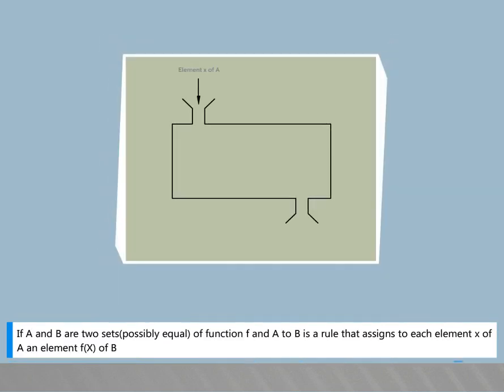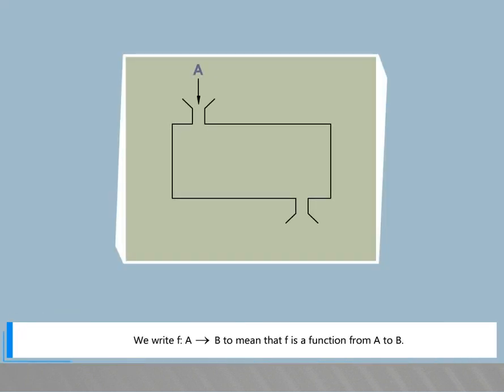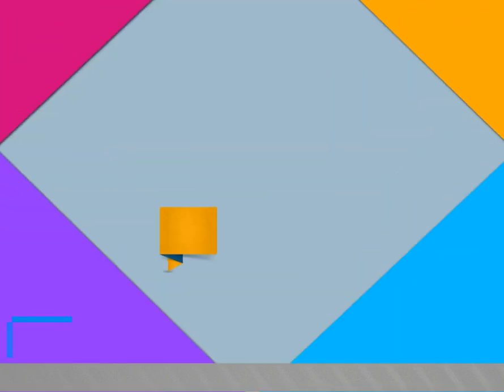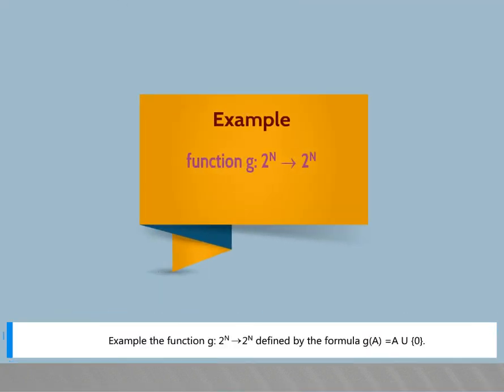If A and B are two sets, possibly equal, a function f from A to B is a rule that assigns to each element x of A an element f(x) of B. We write f: A → B to mean that f is a function from A to B. Example: the function g: 2^N → 2^N defined by the formula g(A) = A ∪ {0}.